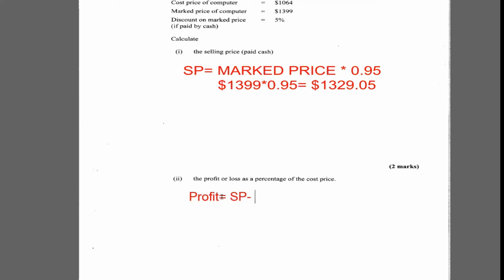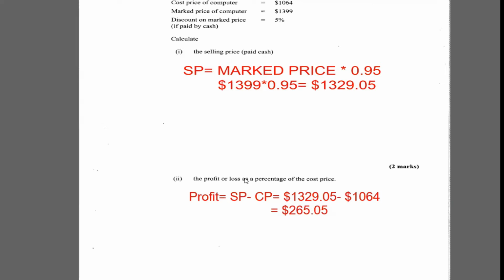The selling price is 1,329.05 minus the cost price, which he paid $1,064 for. When you take the difference, that will give you the profit. So in this case, what's his profit? The profit is $265.05. That's the profit.